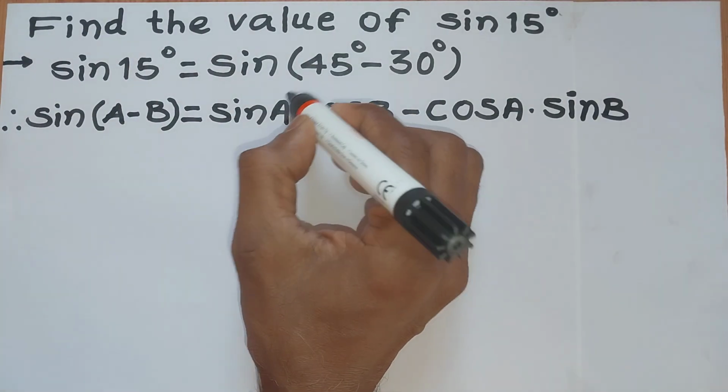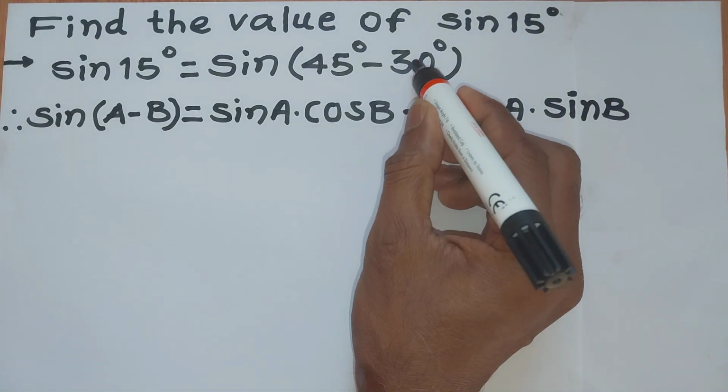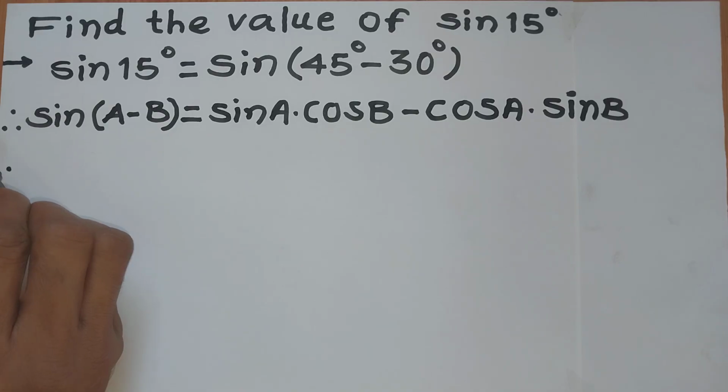Now here a is equal to 45 degree and b is equal to 30 degree.